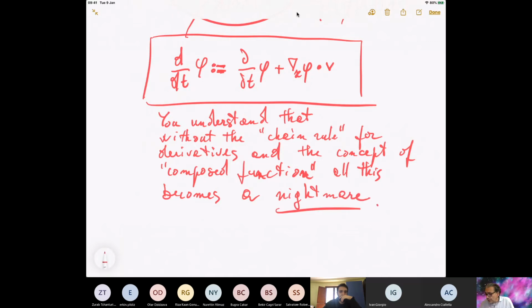Okay, I want to spend some words about this. For many years, I was teaching to engineers studying environmental engineering. And they came to me very often declaring that all these concepts, I was teaching together with a colleague, professor of geometry.